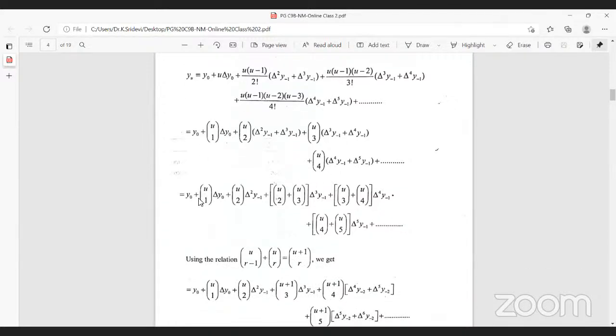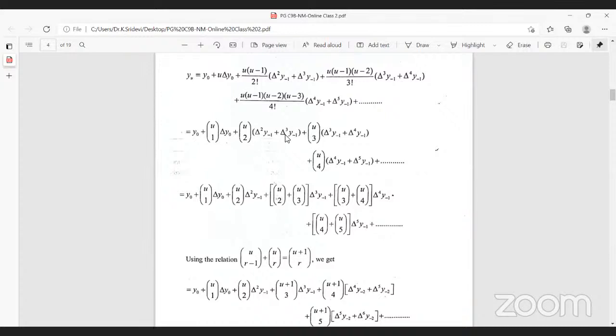Now the first term is as it is, the second term is as it is, and observe the second and third terms. From the second term, we have U2 and delta square y minus 1. From the second term and the third term, you can take common delta cube y minus 1.